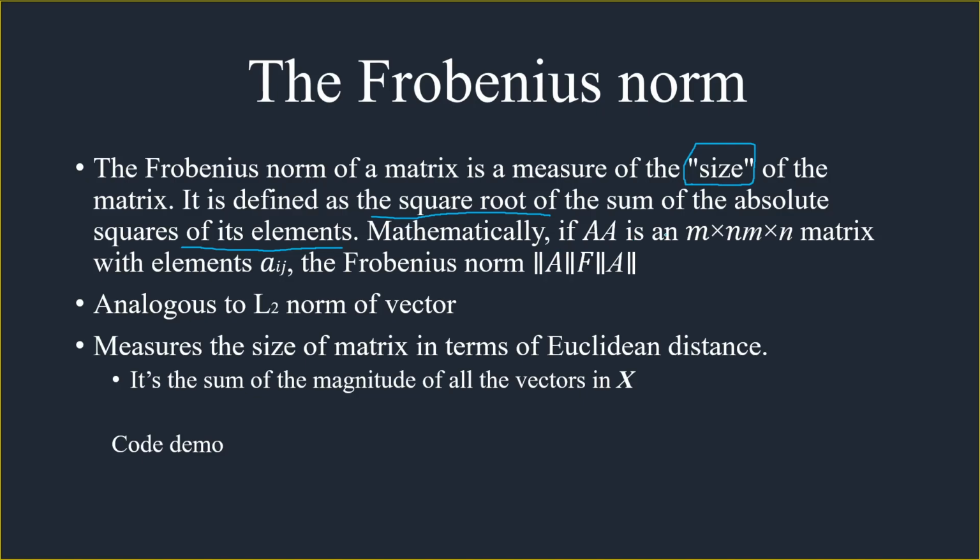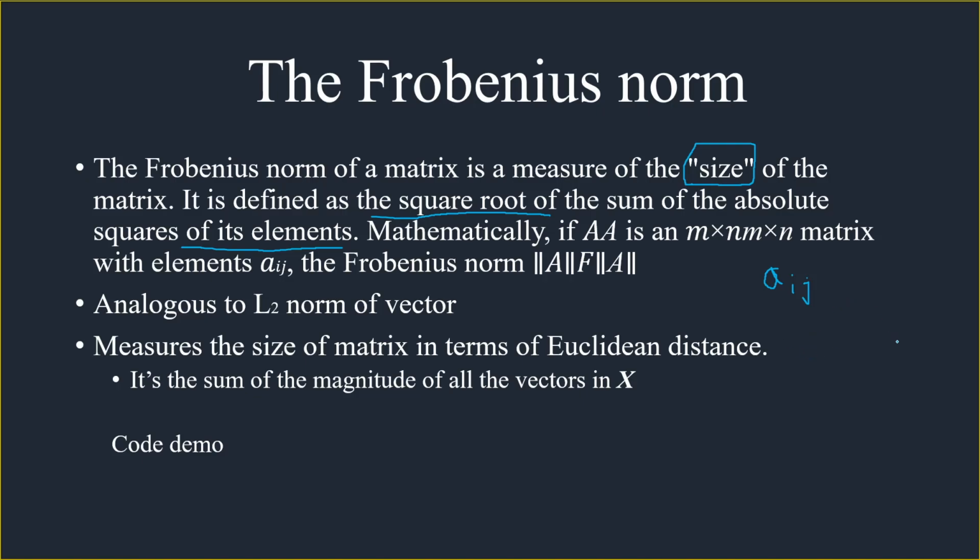Mathematically, if A is an m multiplied by n matrix with elements A subscript i and j, let's assume A is our matrix, this is our number of rows, and this is our number of columns, and the Frobenius norm will be norm A subscript F, and it is also analogous to the L2 norm of a vector. We learned about the L2 norm maybe in our day 5 or day 6 as much as I remember. And finally, it measures the size of the matrix in terms of Euclidean distance.